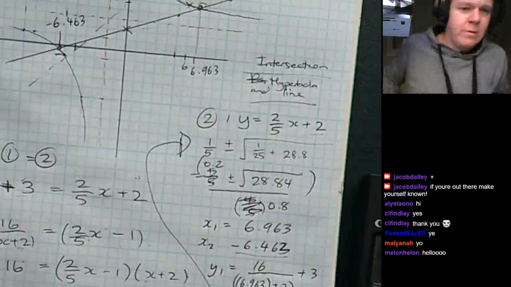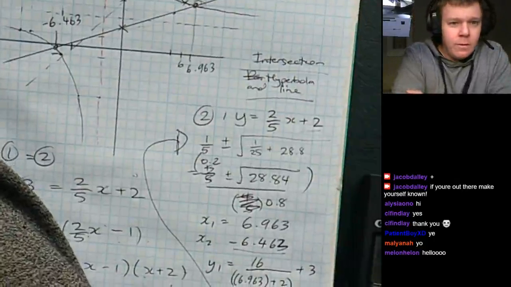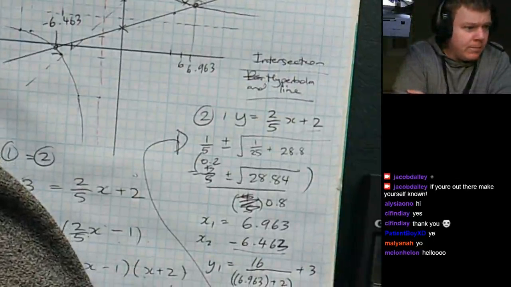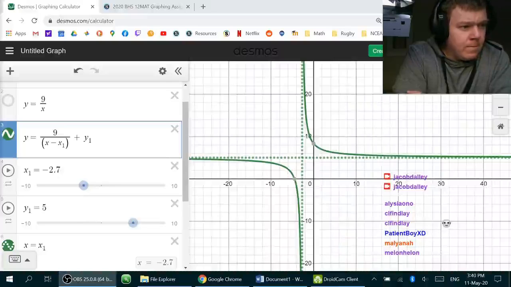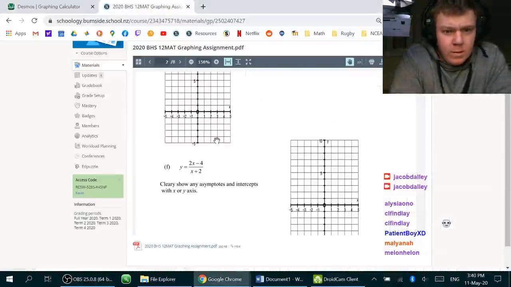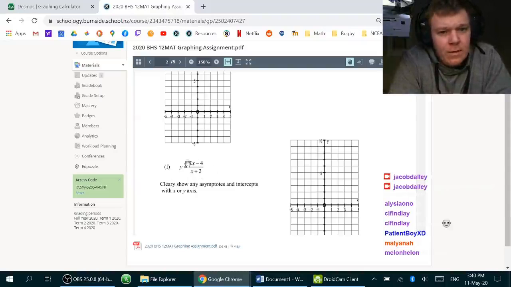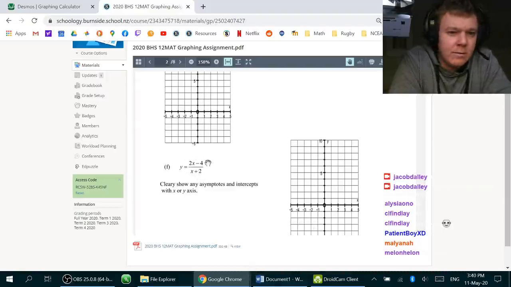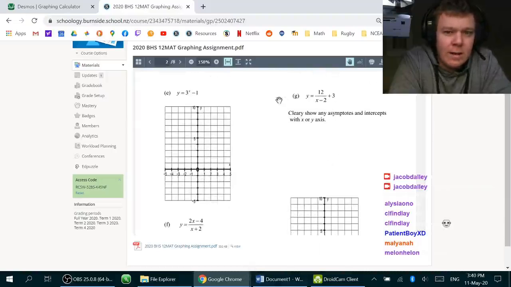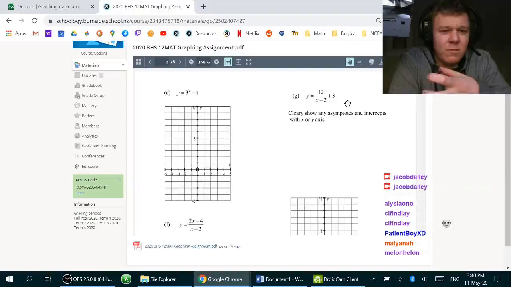Well, it's not actually. There's something I noticed on the, I'll just open up Schoology. So this one here is a hyperbola. So what you could do is type that in and see what's going on. You could imagine this is like the regular one that's just been rearranged.